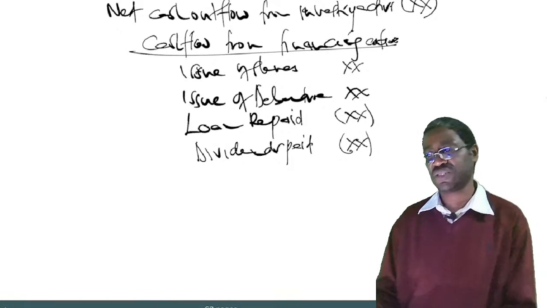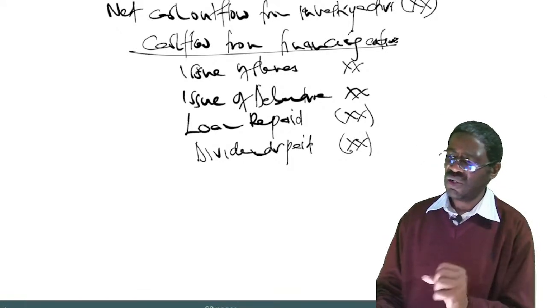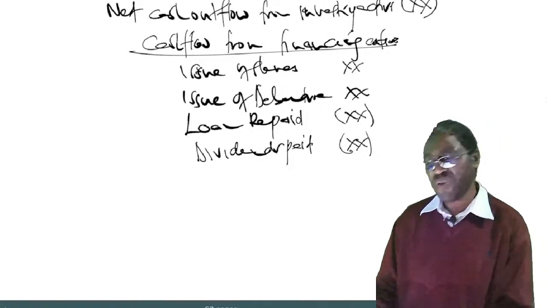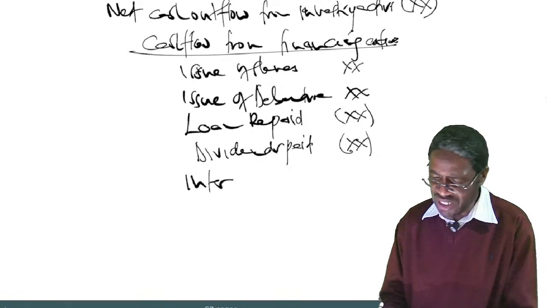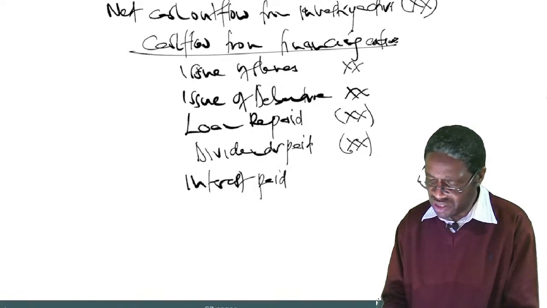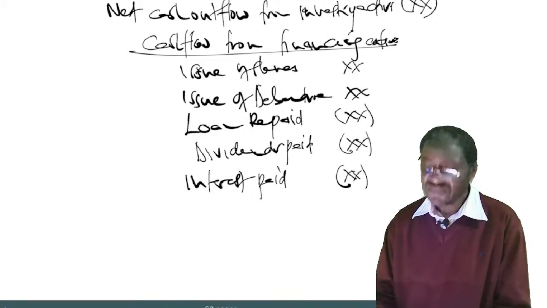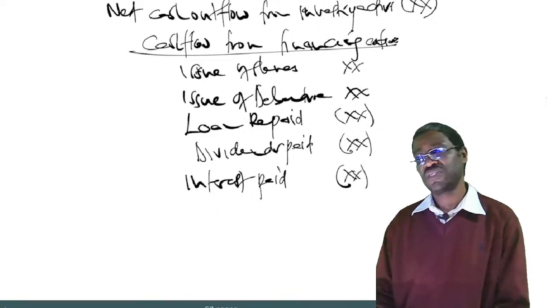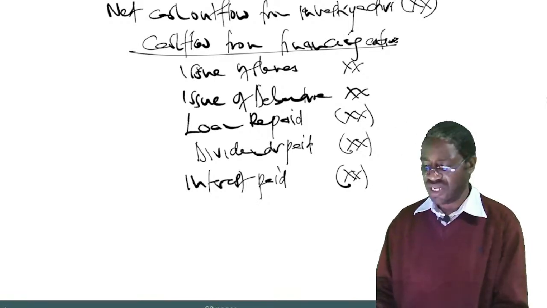You minus. We paid the debenture holders or the loan providers some interest. So whatever you paid them as interest, that interest paid is considered as financing. Good. So we have paid the financiers their returns.